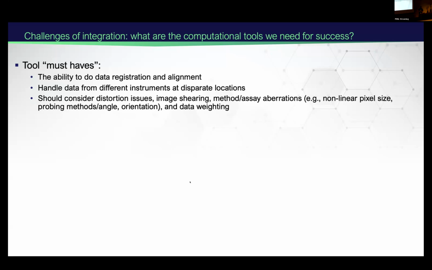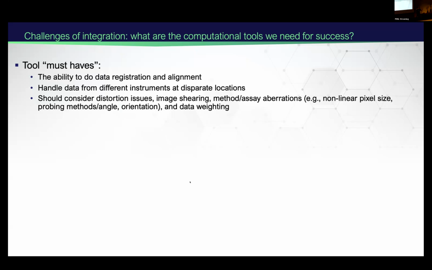And then we keep bringing up that there are a lot of considerations about distortion issues, image shearing, methods and assays, aberrations. That includes nonlinear pixel sizes, depending on our assay, the probing methods or angles. When you're doing SIMS, depending on which SIMS you're using, you might have your beam coming in at a 45-degree angle.